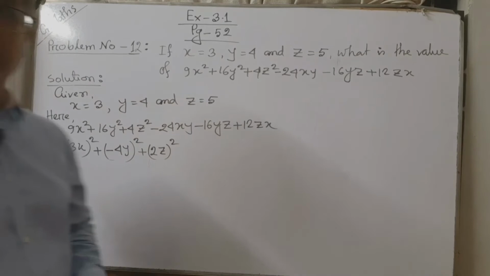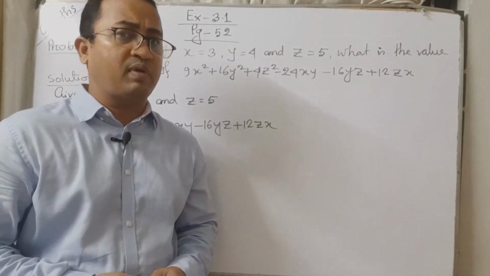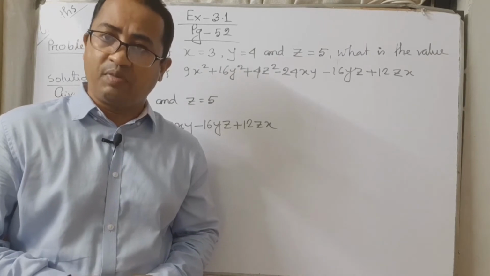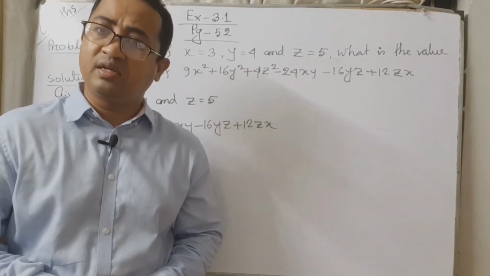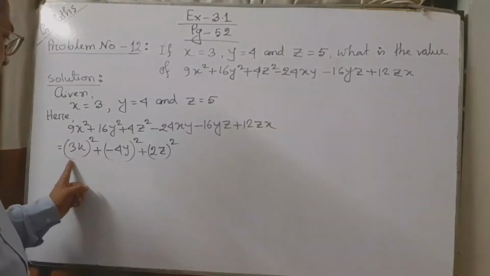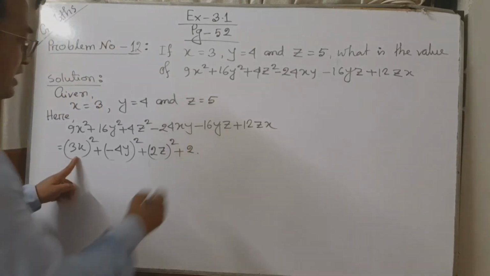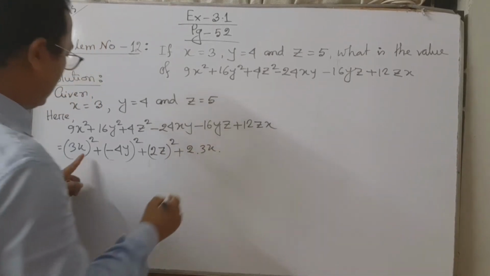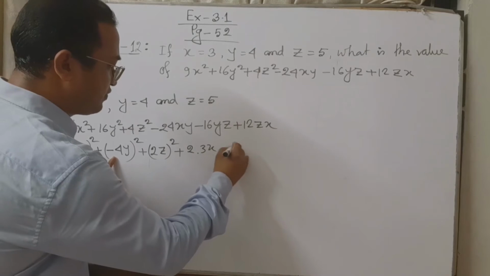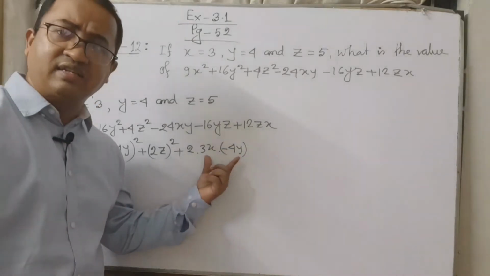Now we know the formula: (a plus b plus c) whole square is equal to a square plus b square plus c square plus 2ab plus 2bc plus 2ca. Now plus 2ab, so this is plus 2 into a, that is 3x, and b, that is minus 4y. Now check it. Is it correct?